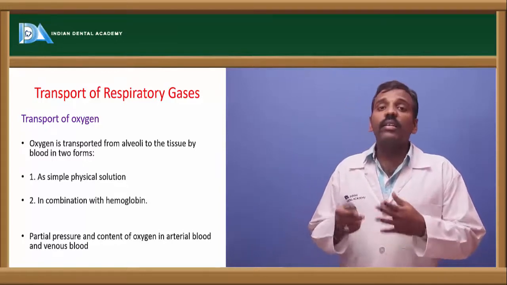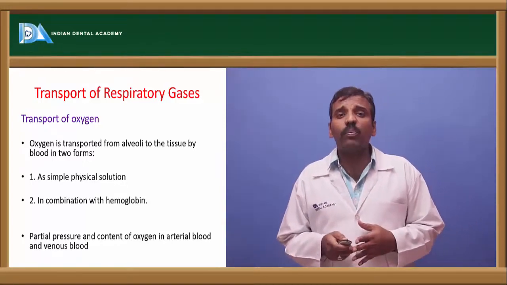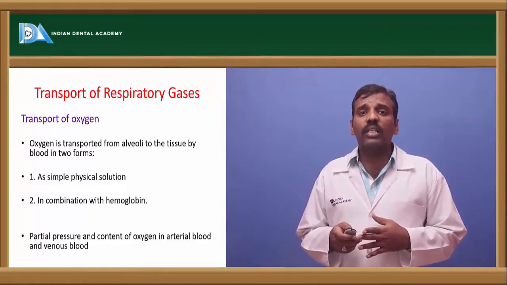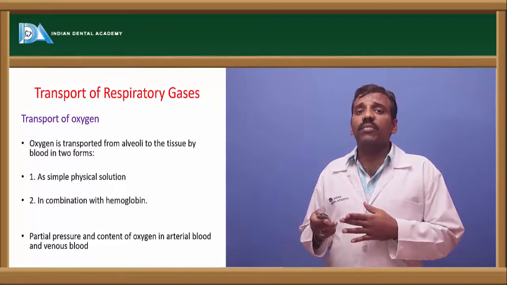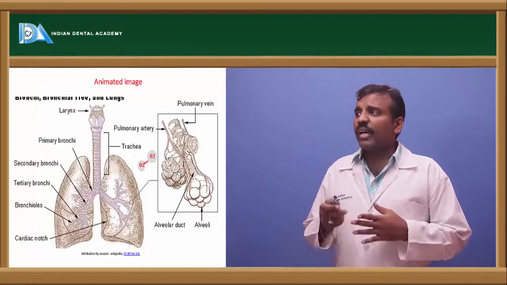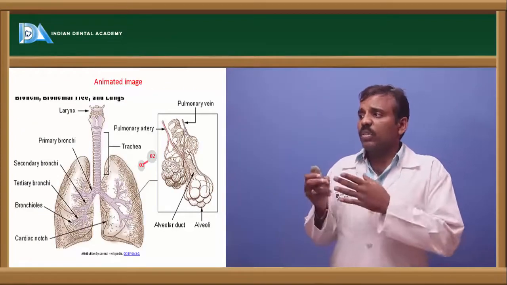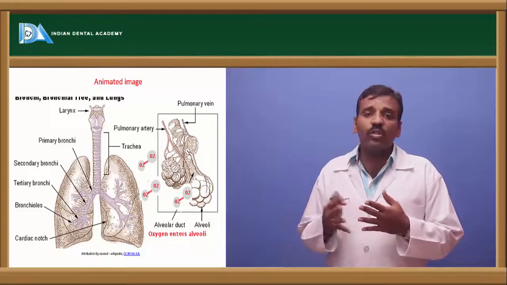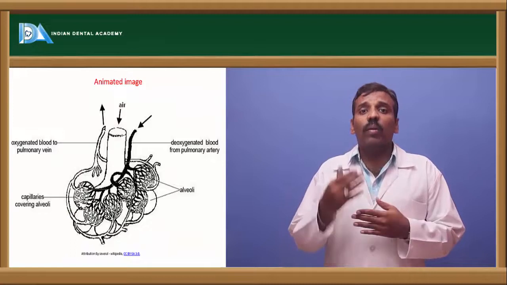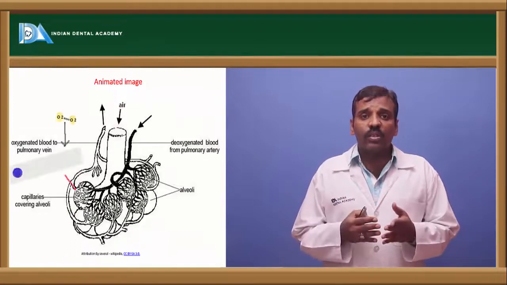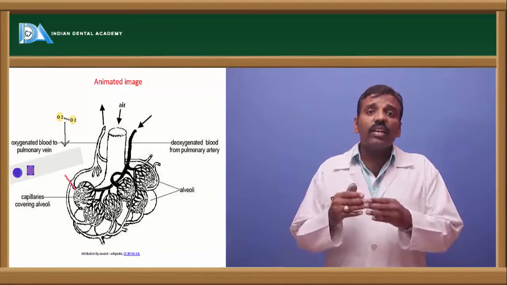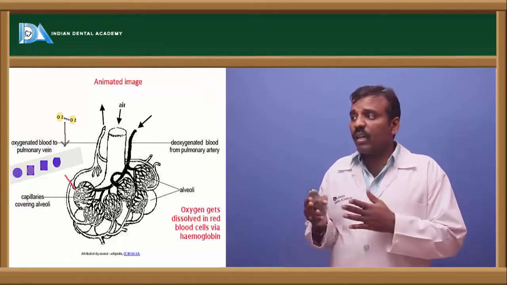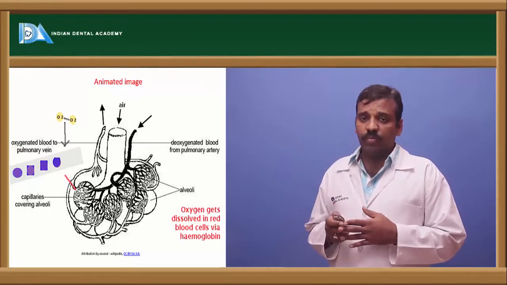Okay, and this mainly depends upon the partial pressure of the oxygen in the arterial system and in the venous system. And next one, see this, how the oxygen is exchanged from the alveoli of the lungs to the blood, where it diffuses into the blood and binds with the blood, and we can put it all together in this diagram.